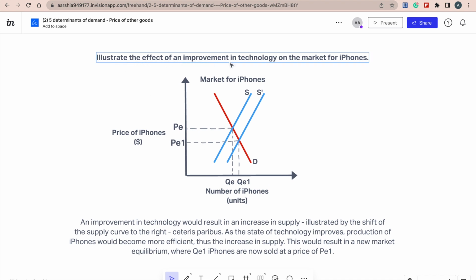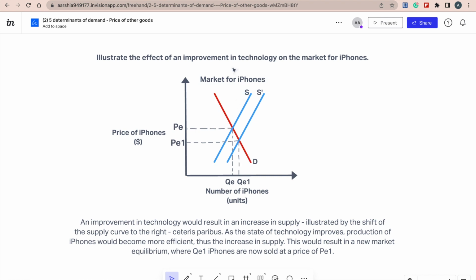Illustrate the effect of an improvement in technology on the market for iPhones. So below we have a graph, which is the market for iPhones, and we have the supply and the demand curve. And where the two intersect is known as the market equilibrium. And here we have the equilibrium price and the equilibrium quantity.